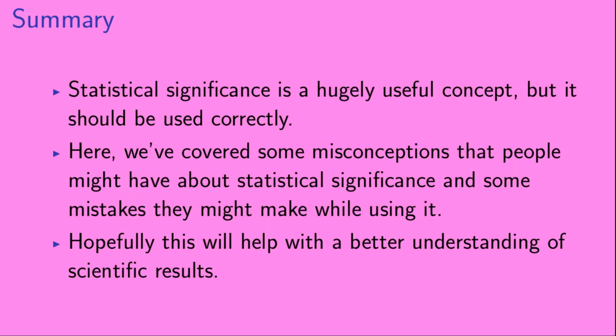Statistical significance is a hugely useful concept, but it should be used correctly. Here we've covered some misconceptions that people might have about statistical significance and some mistakes they might make while using it. Hopefully this will help with a better understanding of scientific results.